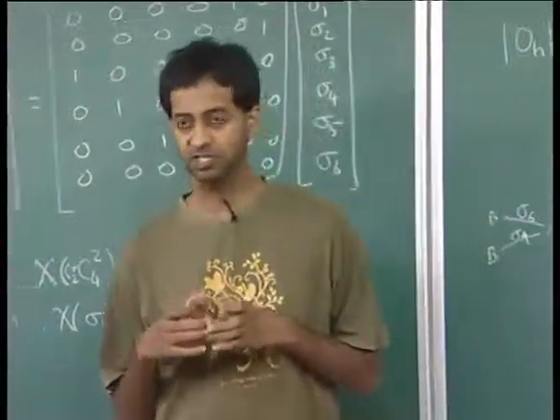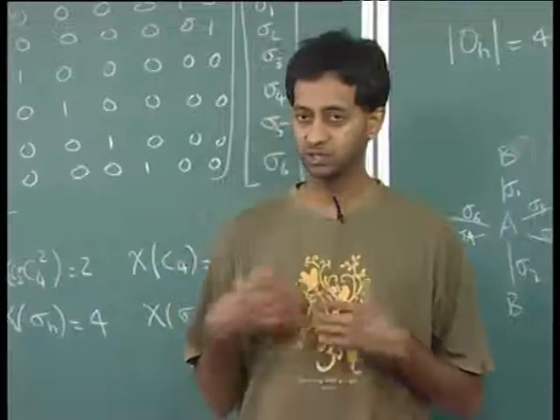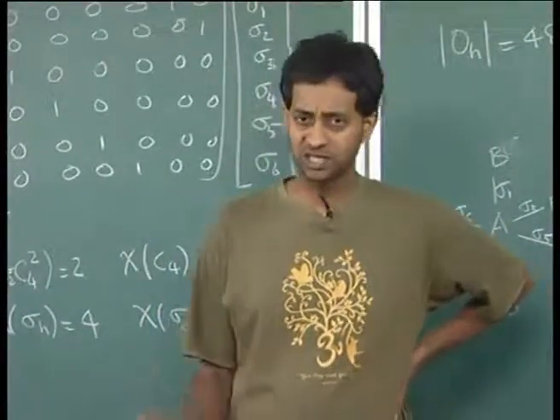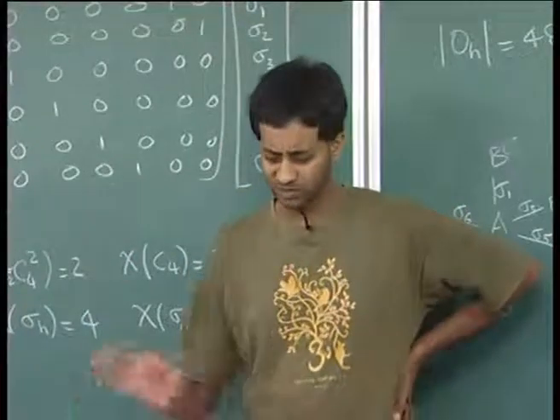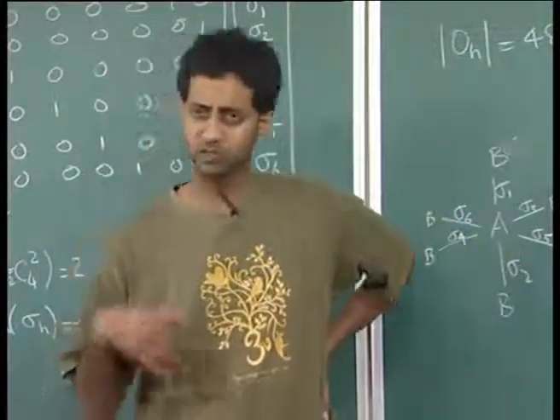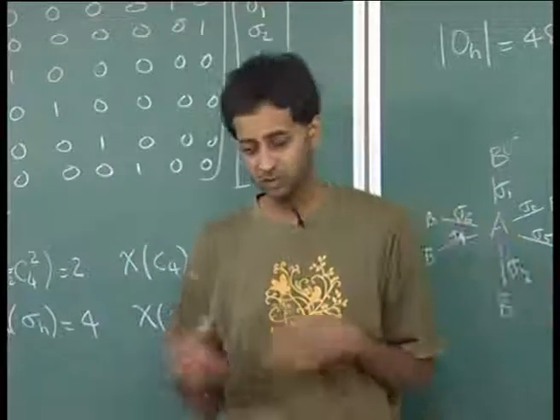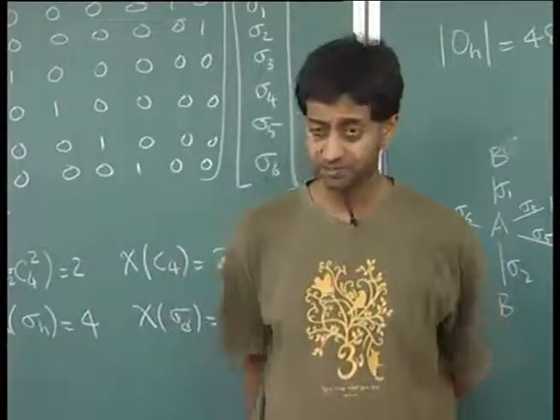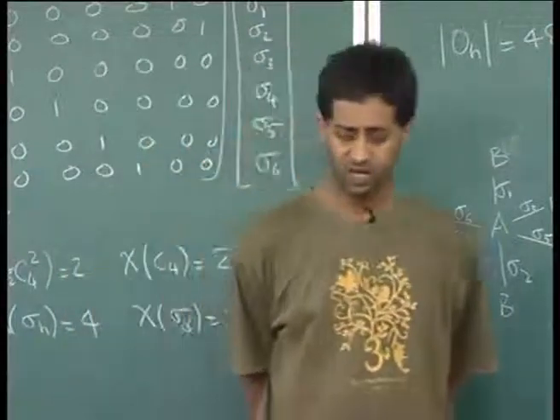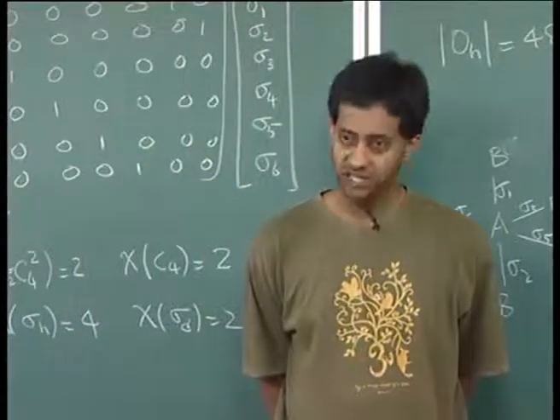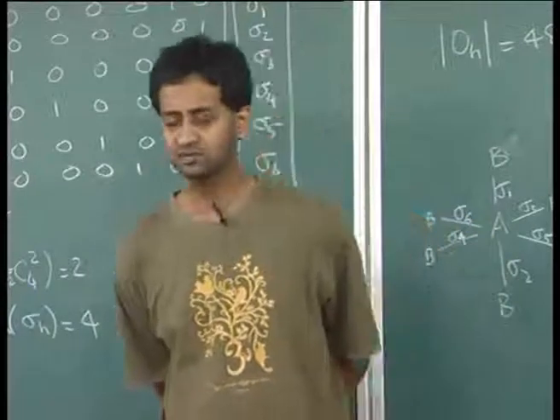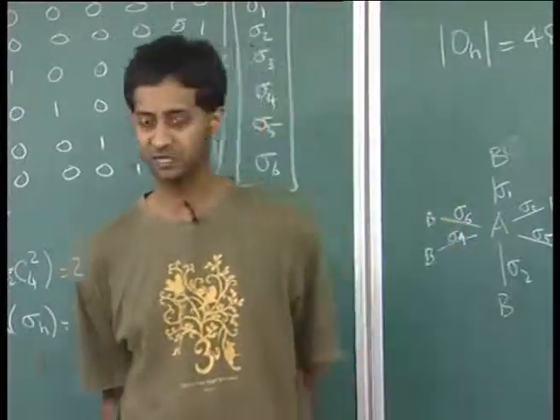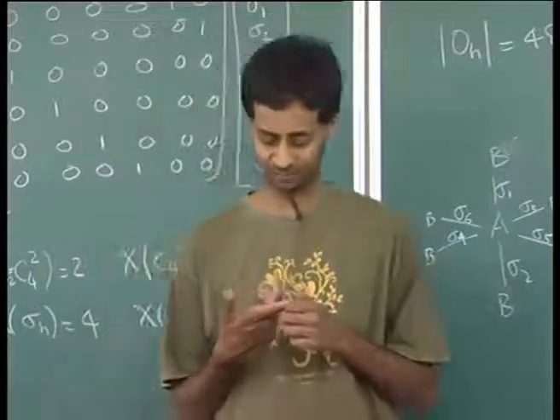So, if you use the characters, then what you construct are called incomplete projection operators, but with a little bit of manipulation, you can use the incomplete projection operators to construct appropriate symmetry adapted linear combinations. This method is more efficient because if you have the character table in front of you, you can immediately construct it.